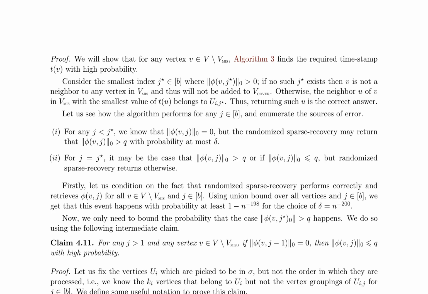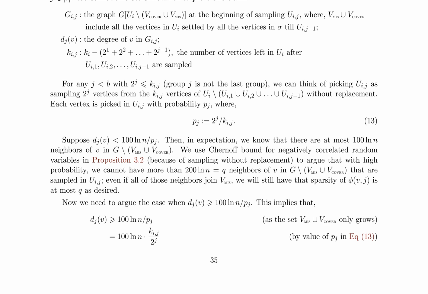The claim states that for any j greater than 1 and any vertex v in V_ms, if ||φ_v^{j-1}||_0 = 0, then ||φ_v^j||_0 ≤ q with high probability.